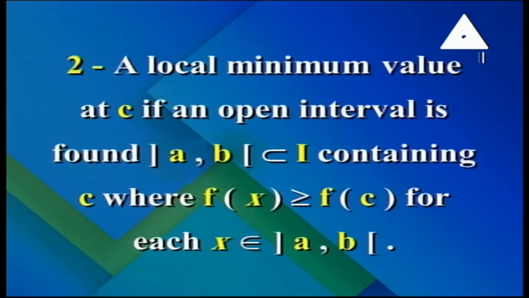Number 2, the function has a local minimum value at c if an open interval a b, a subset of the original interval containing c, is found where f of x is more than or equal to f of c for x belonging to the open interval a b.